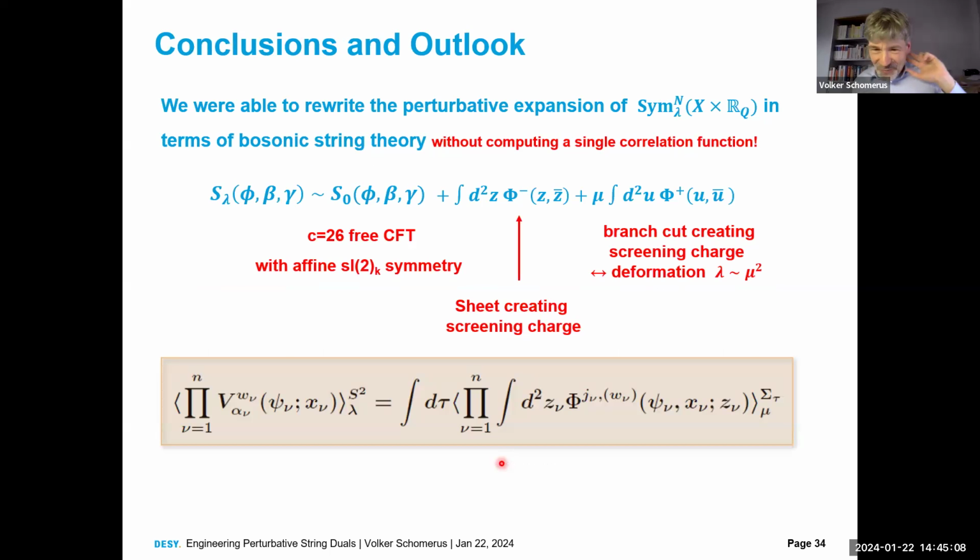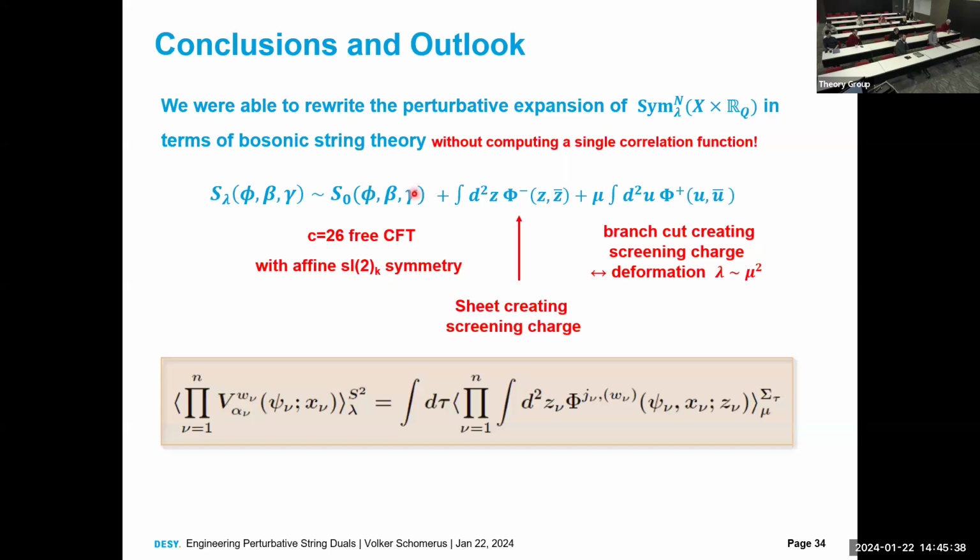Okay, so this, of course, was super fast and probably not entirely convincing, but let me just conclude here. I hope I was able to convince you that we were, in fact, able now to rewrite, with the caveats that we discussed initially when you asked this question, the perturbative expansion in the deformed symmetric orbifold theory in terms of bosonic string theory.